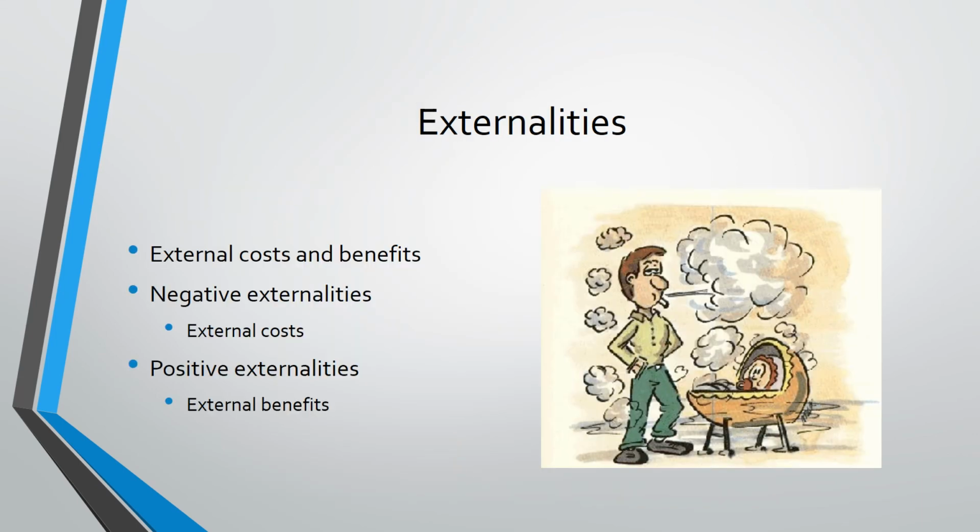The broader term is externalities, and that's the term we're going to use a lot in this unit, and it's the term the AP test loves. So externalities are both external costs and benefits. You see that word external in that term. So we have something called negative externalities and then positive externalities.